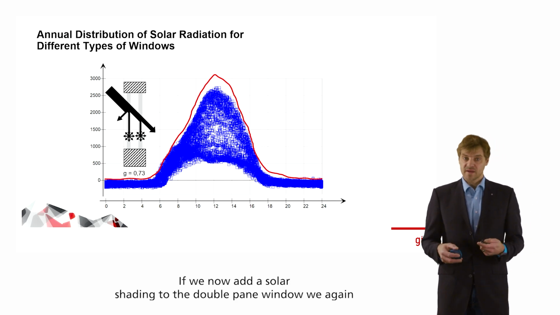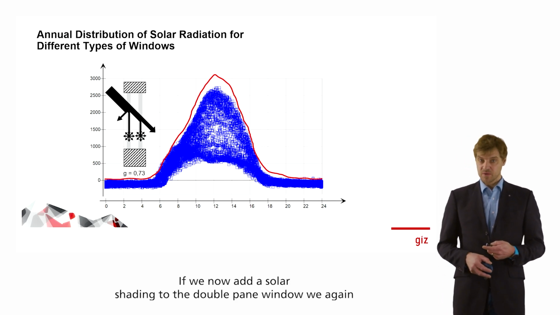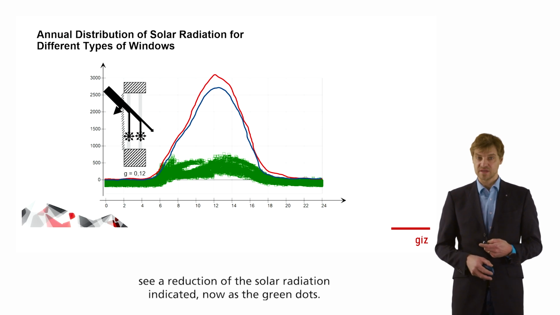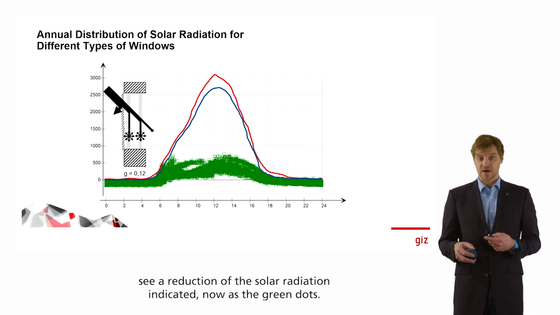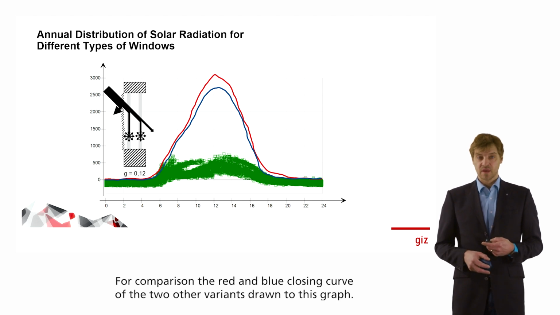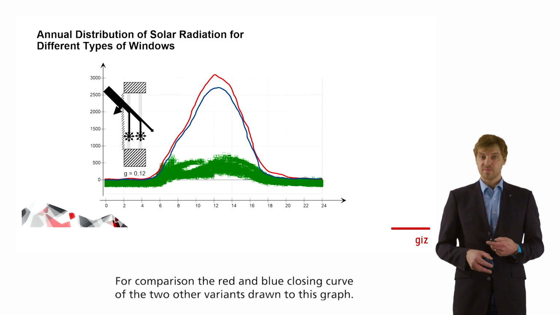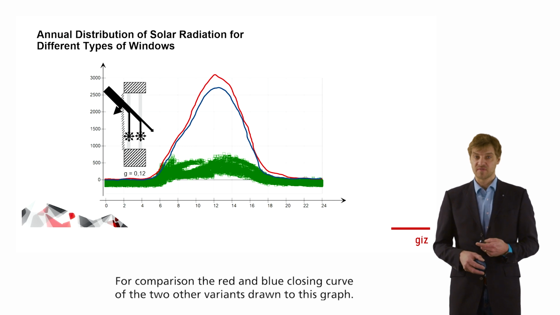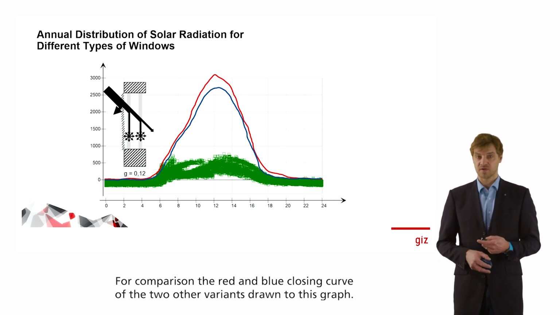If we now add a solar shading to the double pane window, we again see a reduction of the solar radiation, indicated now as the green dots. For the comparison, the red and blue closing curve of the two other variants are drawn into this graph.